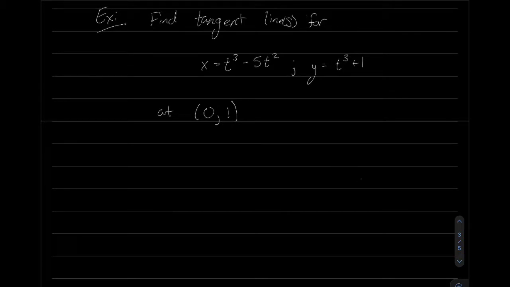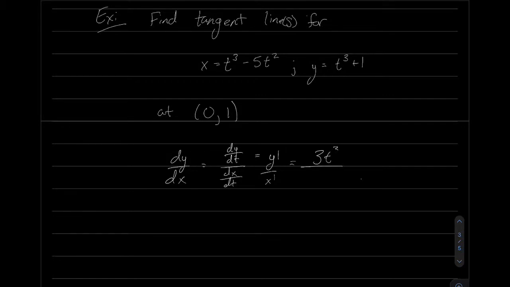So let's go ahead and just find dy dx. So dy dx is going to be the derivative of y with respect to t over the derivative of x with respect to t. So this is y prime over x prime, and the derivative of y with respect to t is going to be 3t squared. So we just put 3t squared in our numerator.